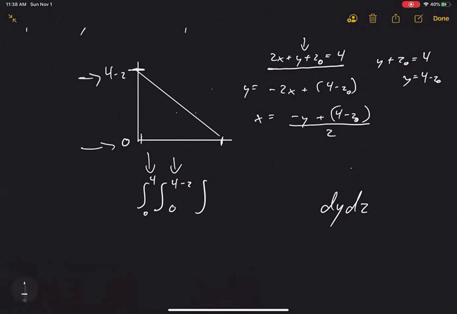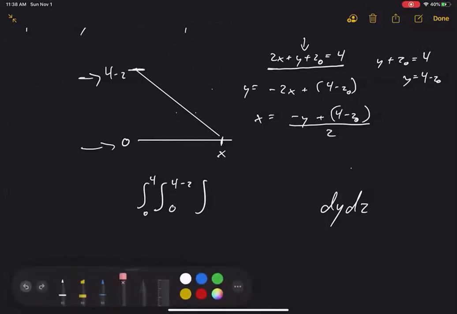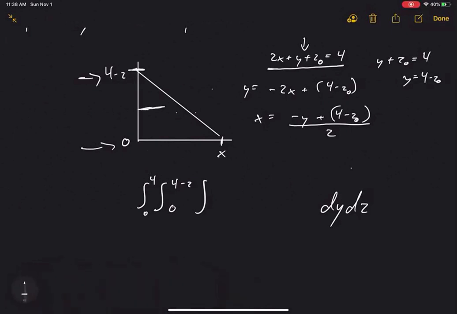And then for x, at least one of my bounds needs to be a function. So what is that function? Well, it's this line here. All my x values are between this vertical line, x equals 0, and whatever this line is. What is that line?